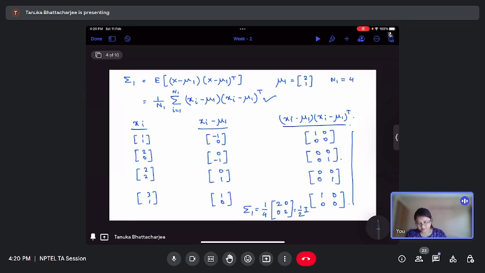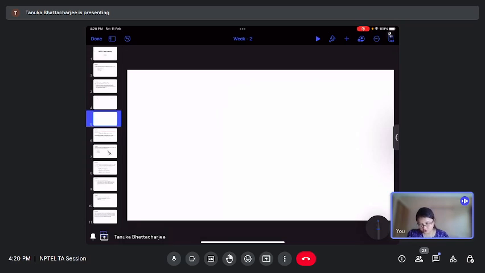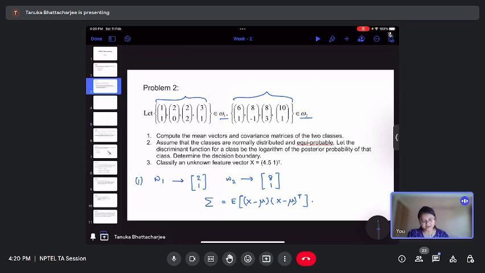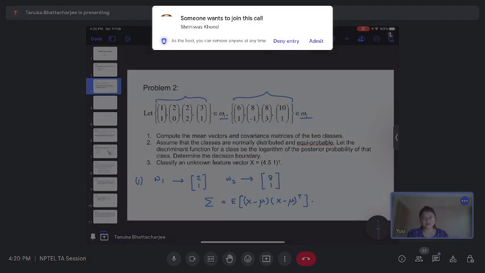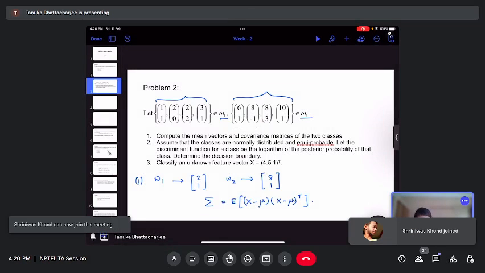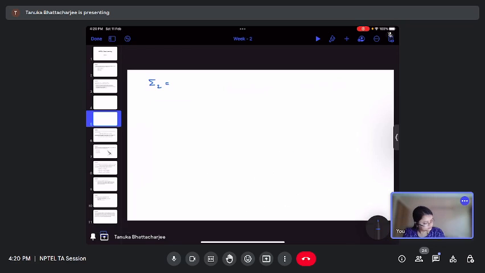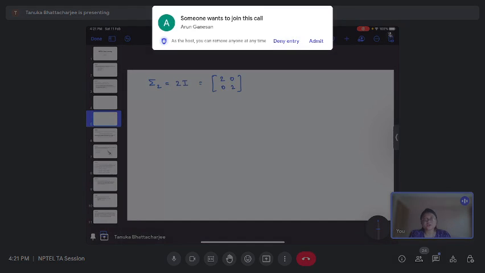If you complete this process for the other class, where your samples are (6,1), (8,-1), (8,3), (10,1), and your mean vector is (8,1), finally you will get sigma 2 as 2I, that is [[2,0],[0,2]]. This will be the covariance matrix for class omega 2.